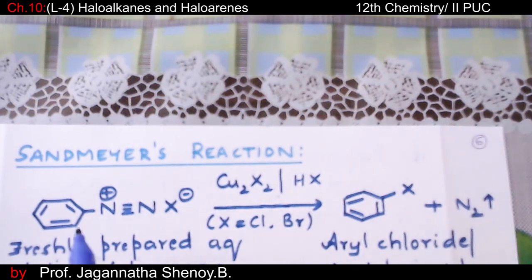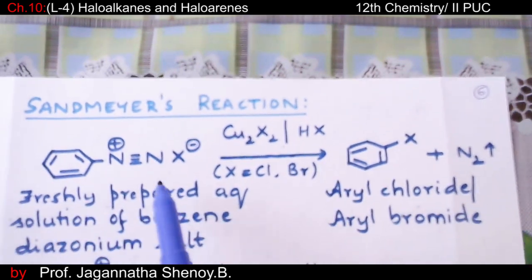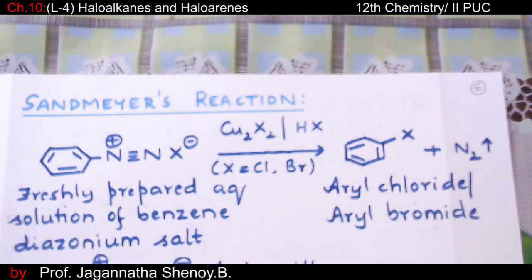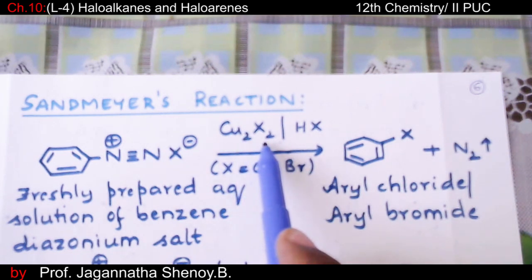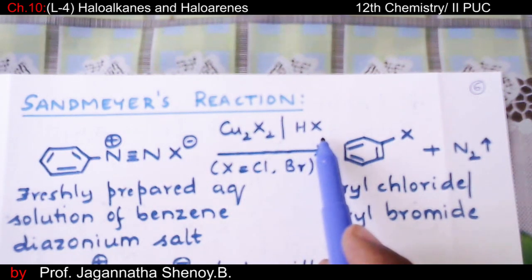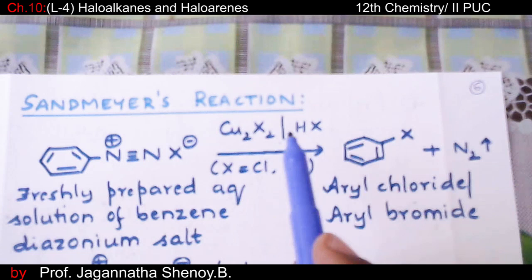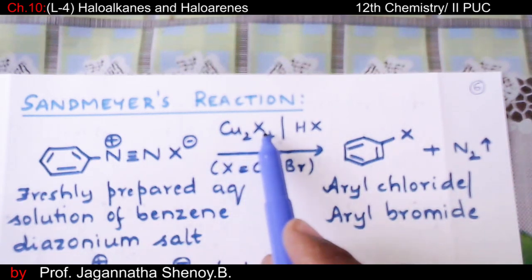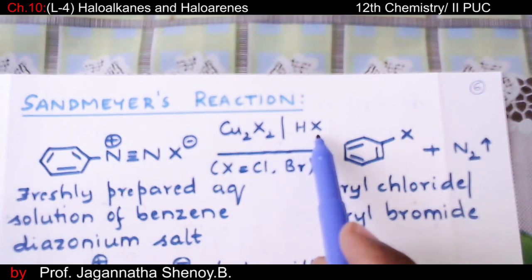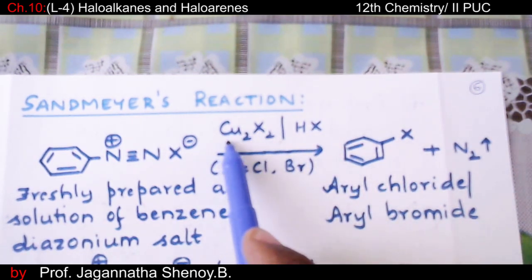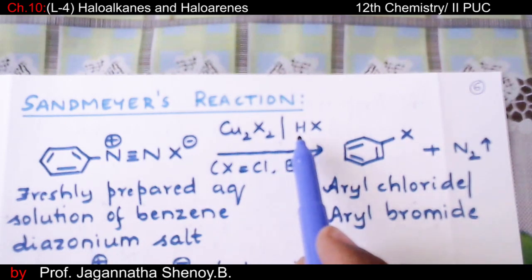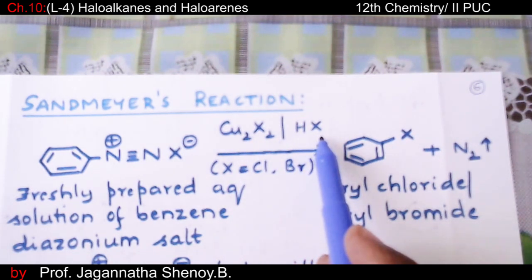Now, once you get a freshly prepared aqueous solution of benzene diazonium salt, I will treat it with cuprous halide in presence of HX. What I mean by that? If I consider cuprous chloride, Cu2Cl2, here I have to go for HCl. If I go for cuprous bromide, Cu2Br2, here I have to go for HBr.